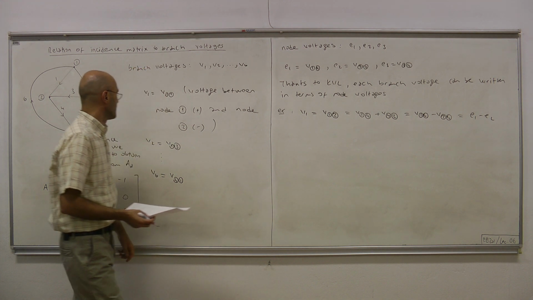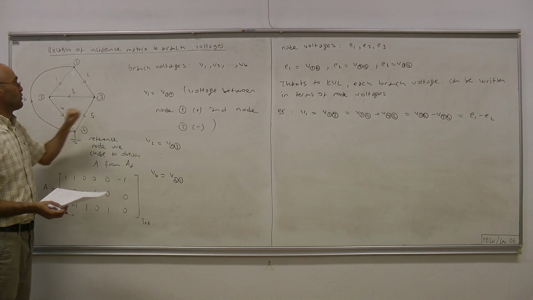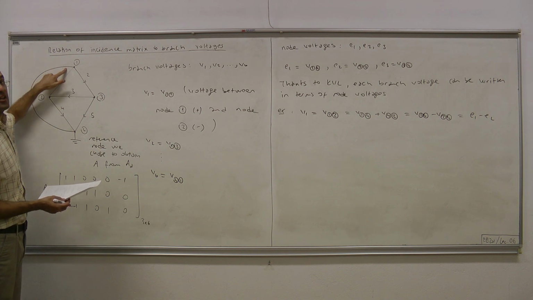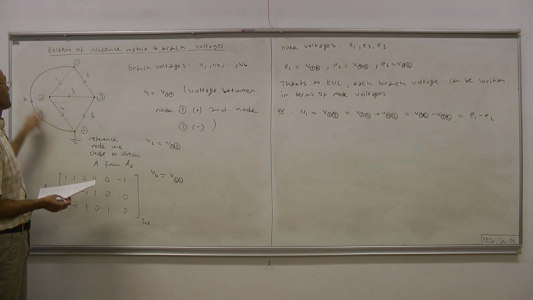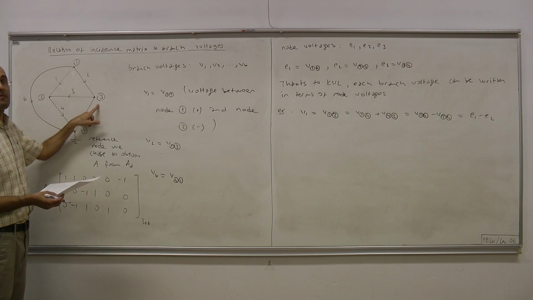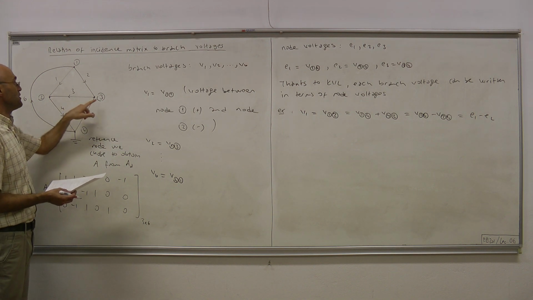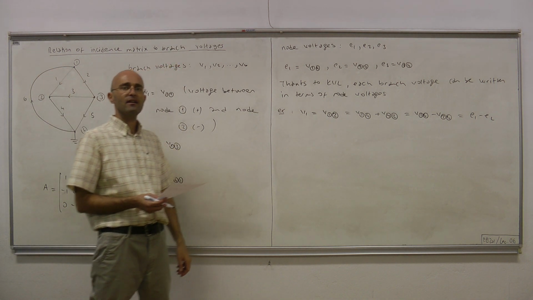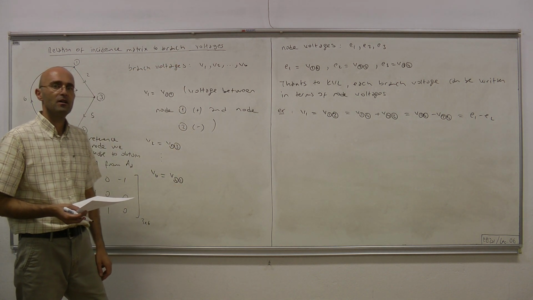V5 is directly E3. V6 is minus E1, because the direction is from the reference node to 1. V3 is E3 minus E2 and so on. So every branch voltage we can represent in terms of node voltages.